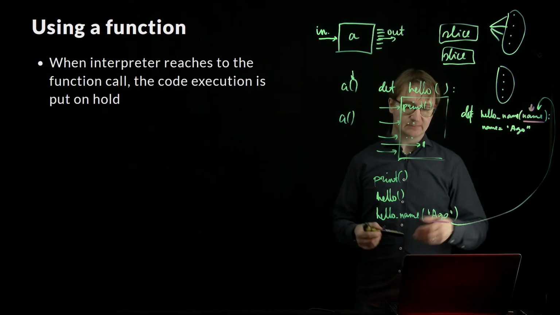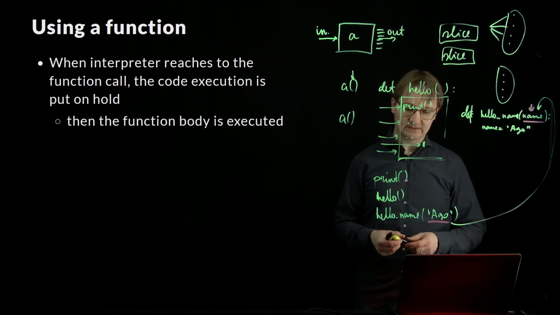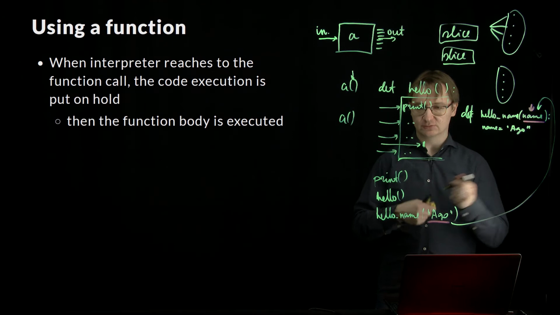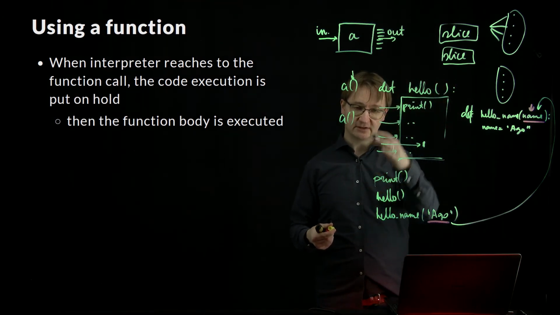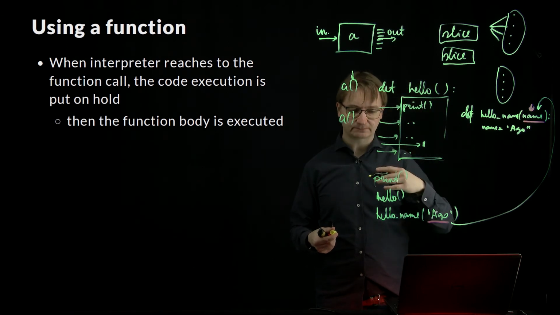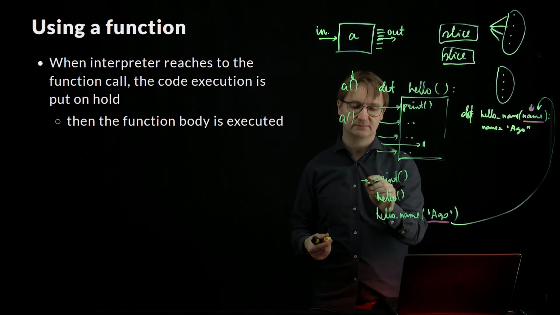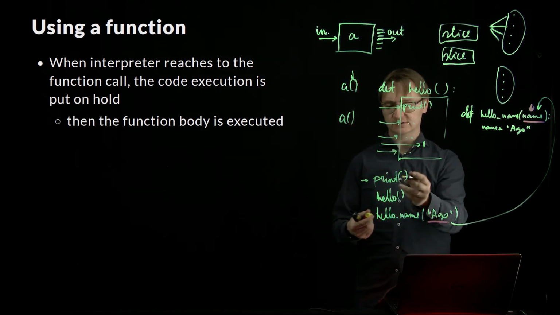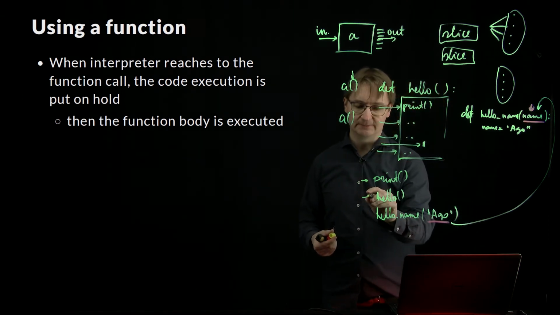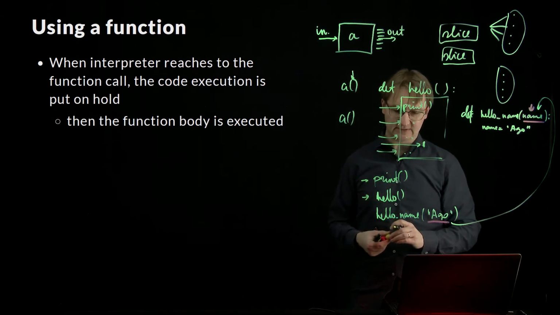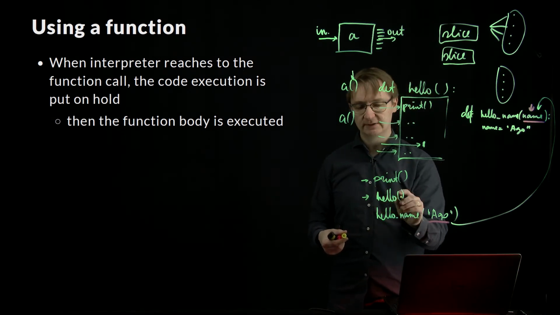So what happens if we call the function? If I try to show how the interpreter works, it takes lines from top to bottom and executes those lines. So let's say it's here, it prints out something. It currently doesn't print anything, it's just an empty line. Now we reach here. What happens is that the interpreter sees that we have a function call here.